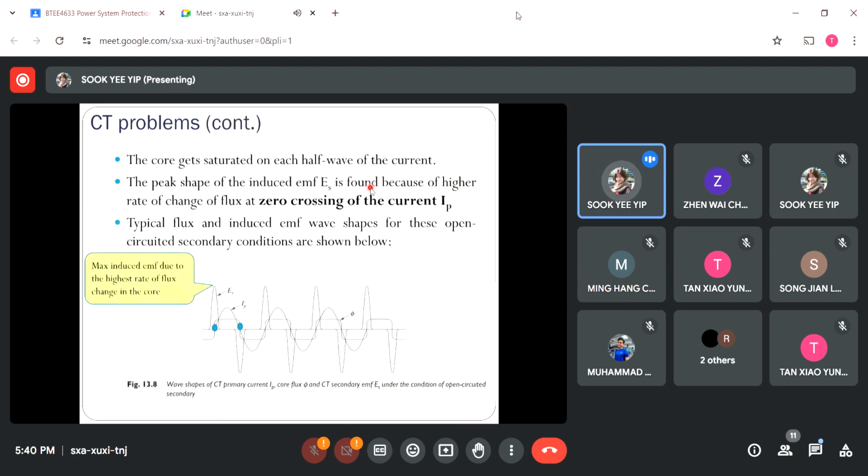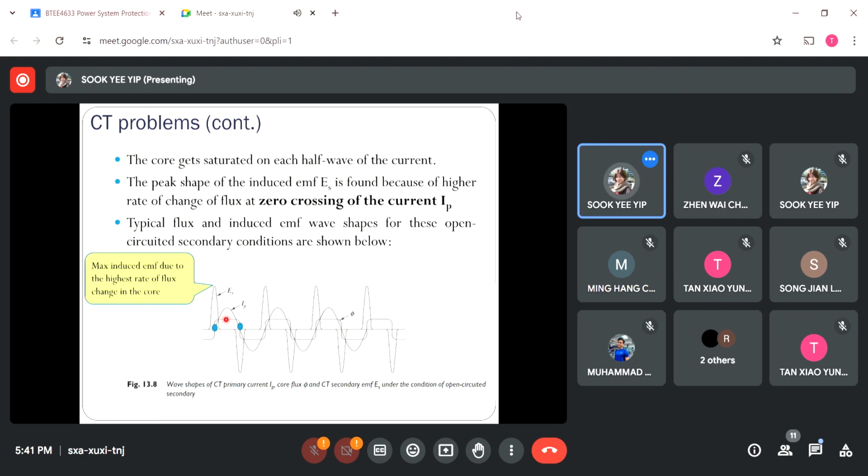You will notice that there will be the highest rate of flux change in the core whenever the primary current reaches zero. If you refer to these figures here, this is the voltage induced in this pattern. This is the primary current flow under the situation of open circuit at the secondary side.